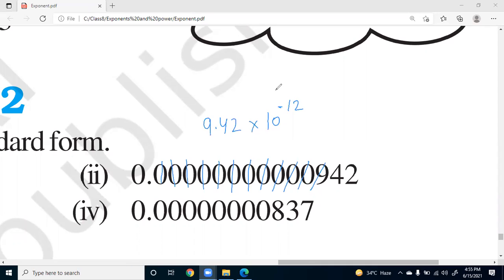Yes, Dhriti, what do you say for the fourth part? Ma'am, for the fourth part, 8.37 into 10 raised to power minus 9. You are again correct. Excellent. That is correct.